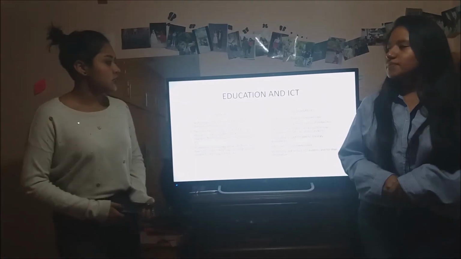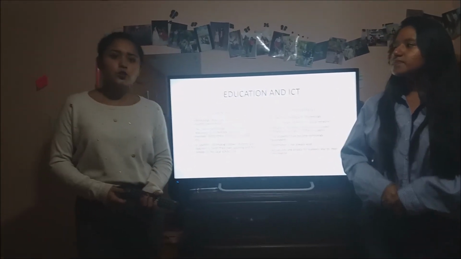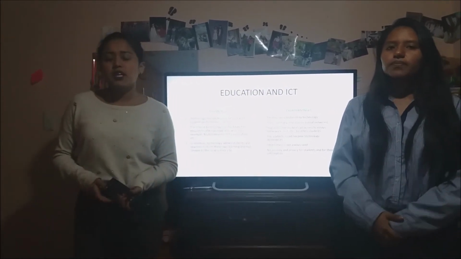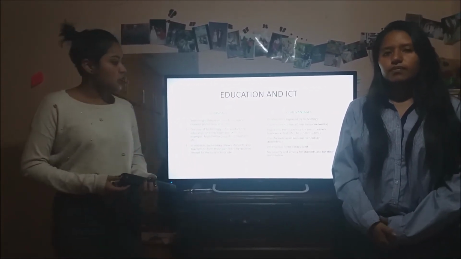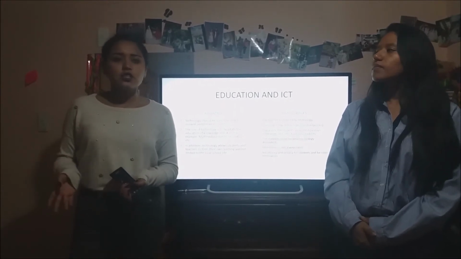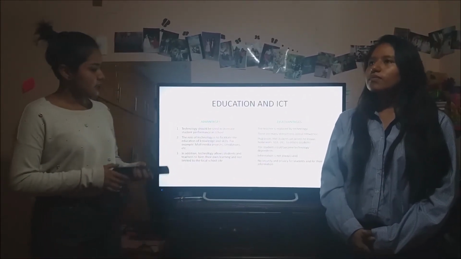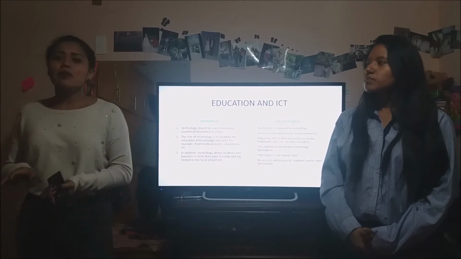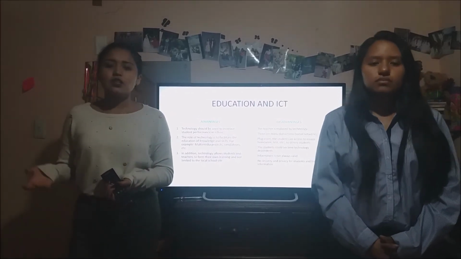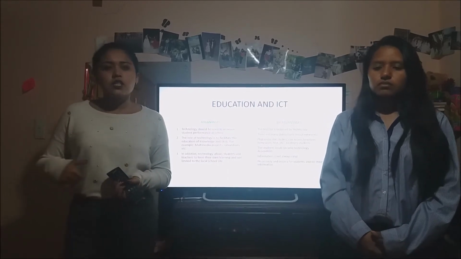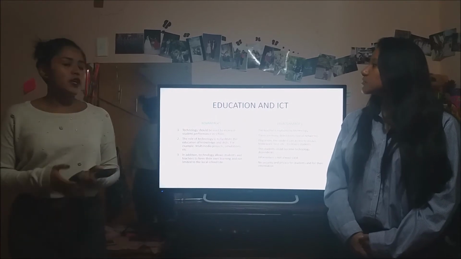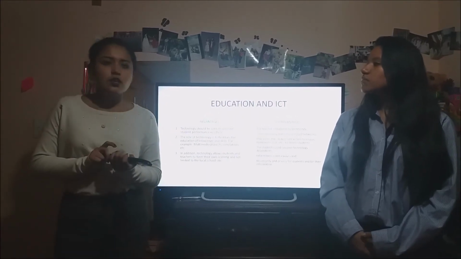Yeah, and there are some disadvantages too. The first one is that the teacher could be replaced by technology. The second is that there are many distractions, especially social networks. The next is plagiarism. The students can access essays and homework from other students, and the students could become technology dependent.